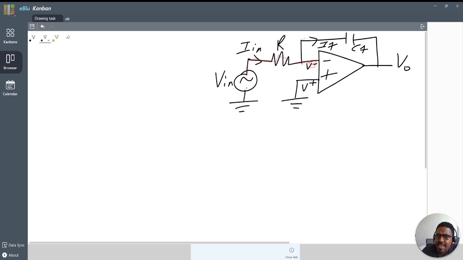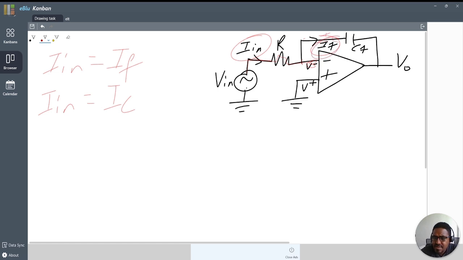By applying the KCL method, I in equals IF. So IF is the current of the capacitor, which means I in equals IC, because IF is replaced by IC.